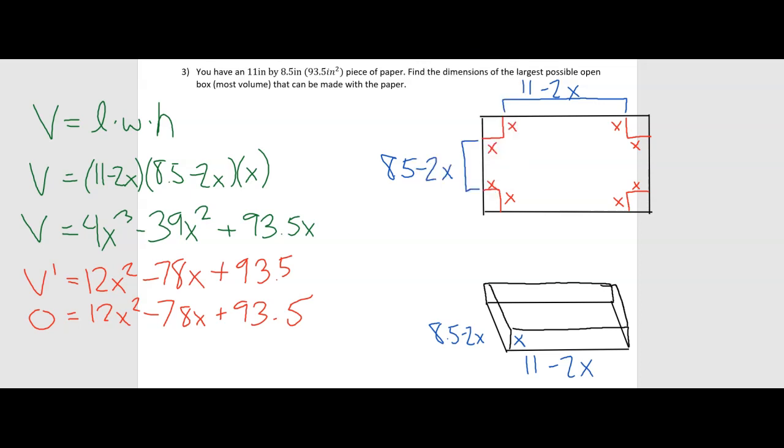And it turns out that there are two spots where this function crosses the x-axis. We get x is approximately equal to 1.5854, and x is approximately equal to 4.9146. I did end up rounding to the nearest 10,000th.